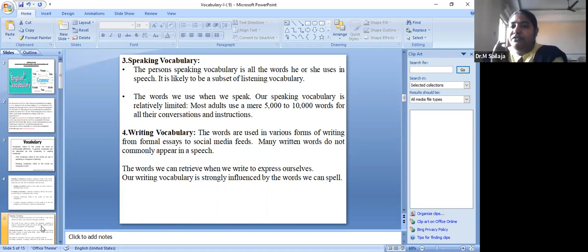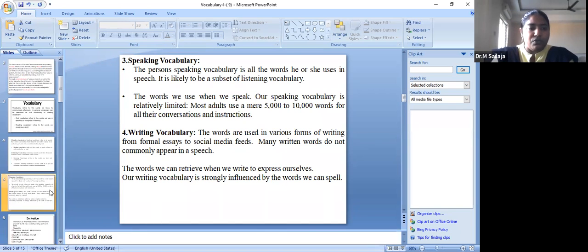For speaking, listening, reading and writing, if you are able to maintain good vocabulary words, you will be considered a good language user. Okay, right. So this is the importance of vocabulary.